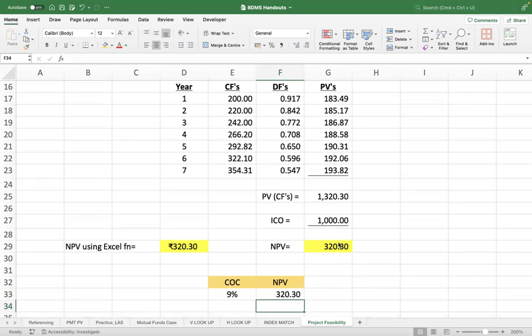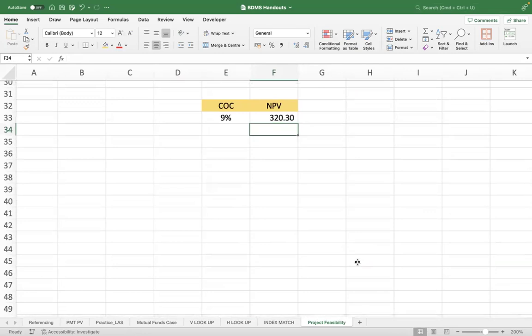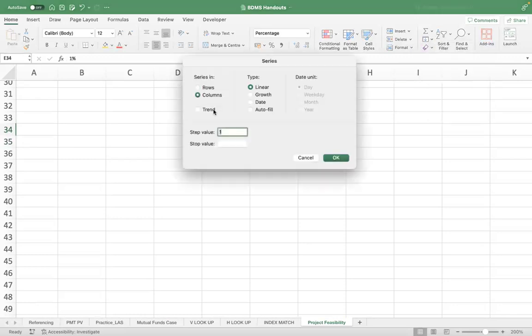So by this, I have established the input-output relationship, stating clearly that cost of capital is my input and NPV is my output. Now I will change the cost of capital by 1% and see what is the impact on NPV. So let me start with 1% and go up to 20%. So first I'll just plot the numbers, starting with 1% going up to 20%.